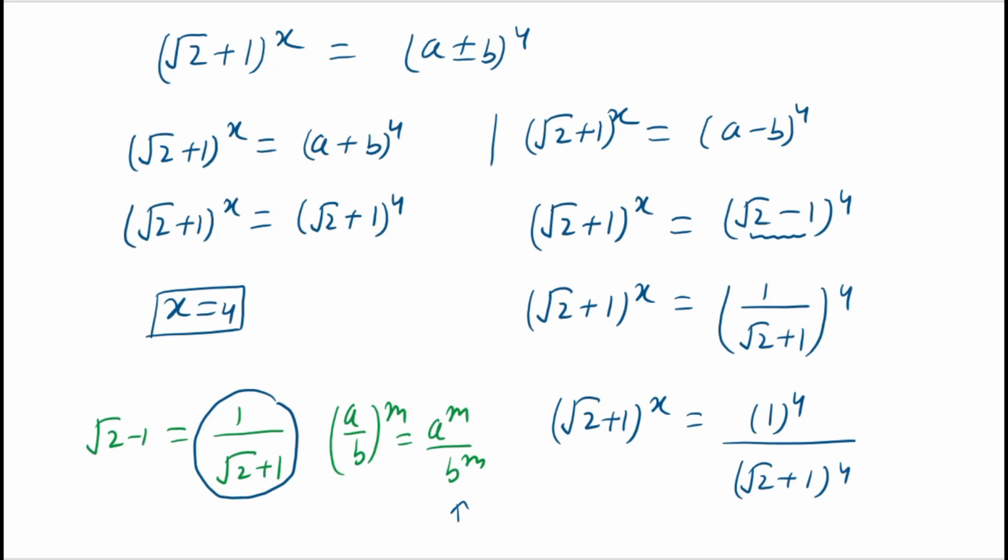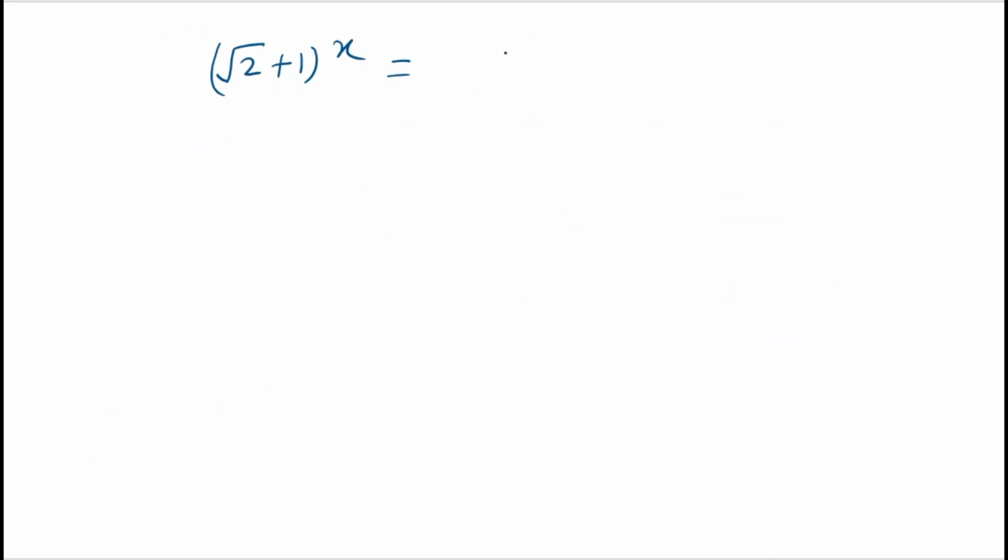In left hand side we have (√2 + 1)^x, and in right hand side 1^4 is 1, over (√2 + 1)^4.